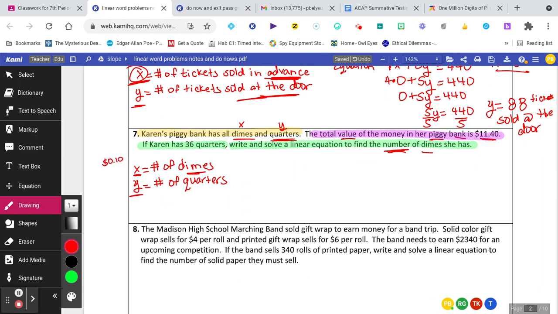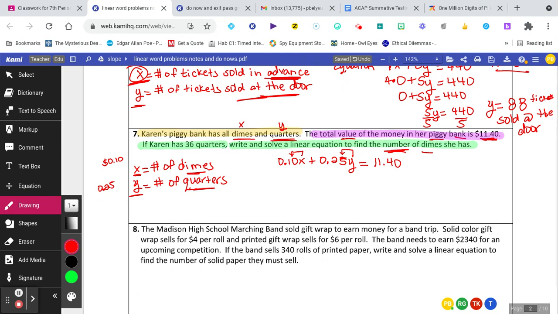And the value associated with a quarter is 25 cents. Okay? So what I'm going to write for the equation is 10 cents X, that's the value associated with a dime, plus 25 cents Y, which is the value associated with a quarter, equal to a value of what? In other words, so many dimes at a value of 10 plus so many quarters at a value of 25 cents equal to a total value of $11.40.